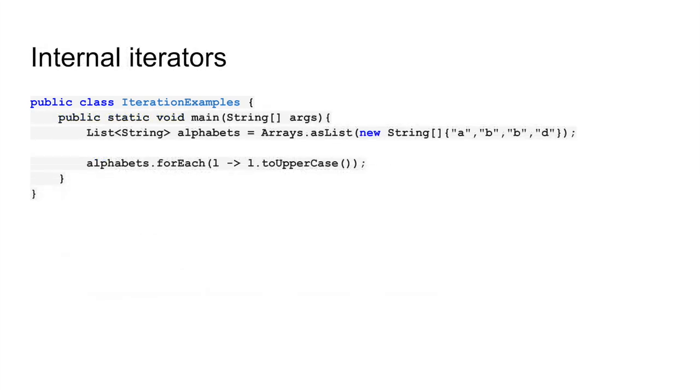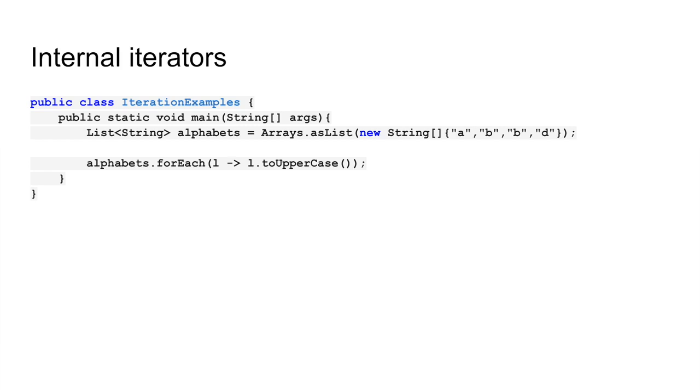Let's look at an internal iterator. Now, alphabets is still a list. A list provides a method called forEach, which basically takes in a lambda or a single method interface to indicate what action you want performed on every element in the list.